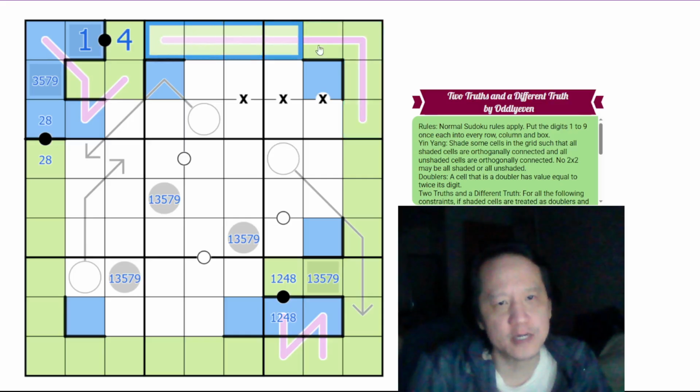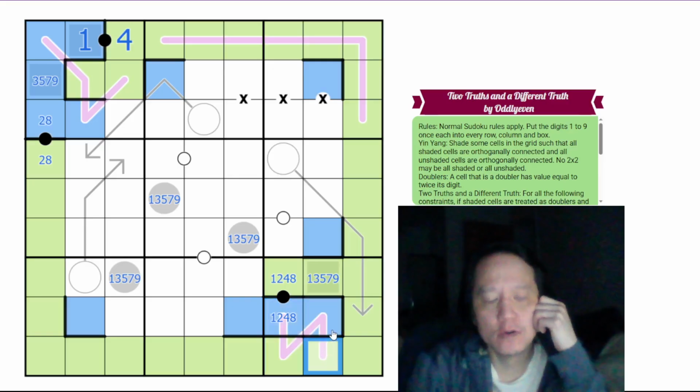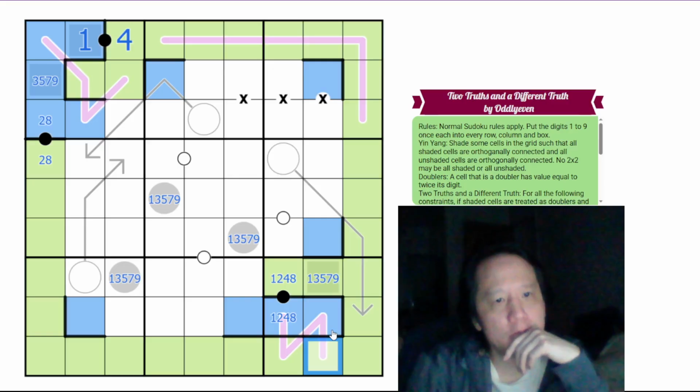Obviously, when this is doubled, this is not going to form a Renban. Okay.